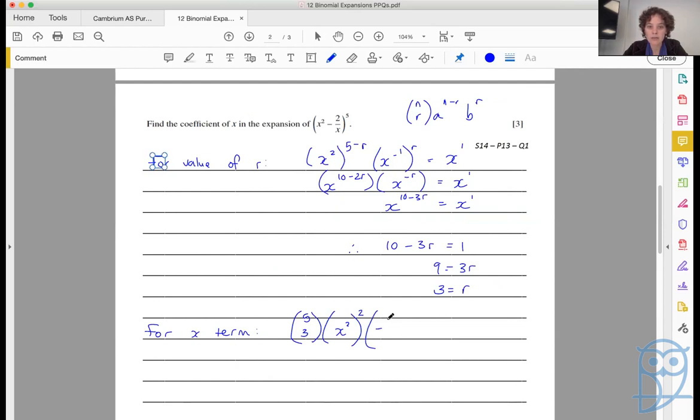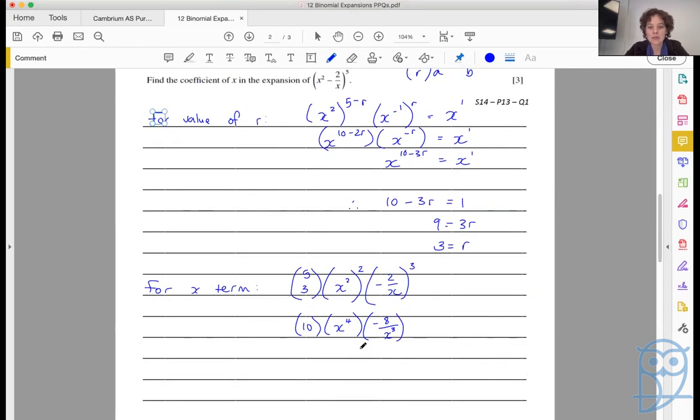B position, minus 2 over x with its sign, to the power matching r, 3. Then we simplify each element. 5C3 is 10. (x squared) squared is x to the 4. Minus 2 cubed is minus 8, over x cubed.